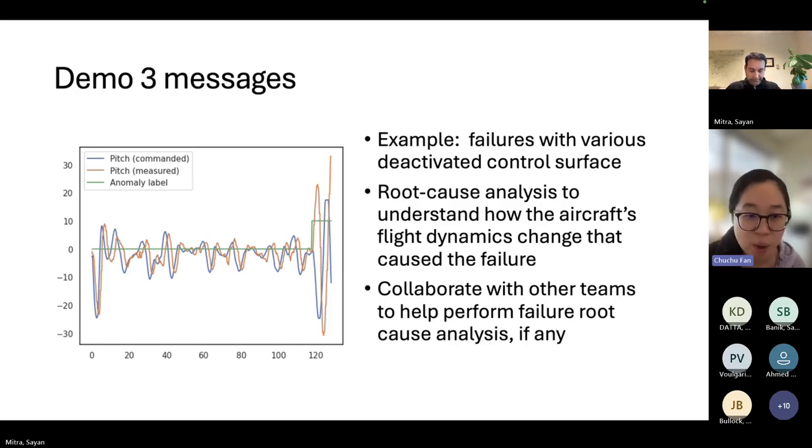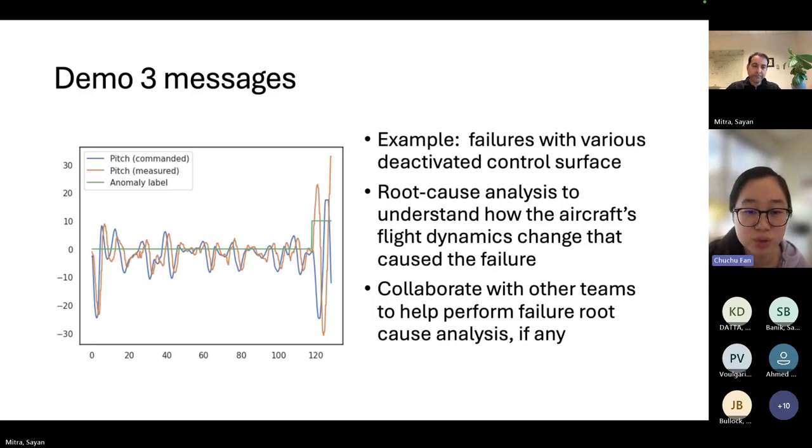We have some preliminary work on an existing data set where they have a 20-dimensional latent space for the flight dynamics. They run this hardware flight, and they artificially trigger some failures on the flight dynamics, and you will see, for example, the pitch angle is not exactly following what is recommended.